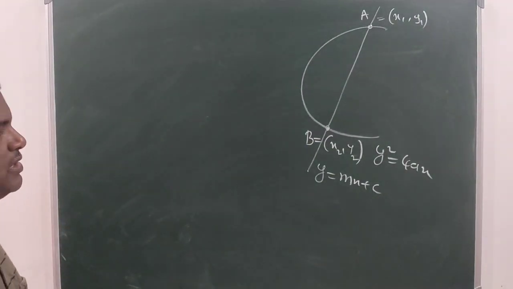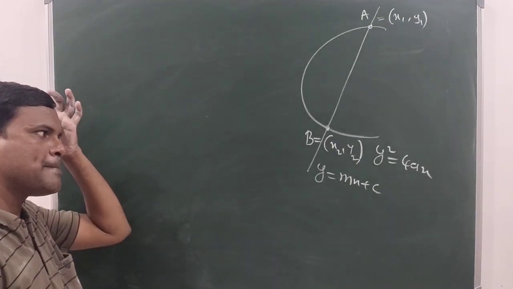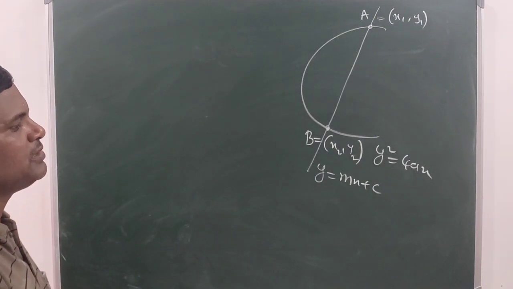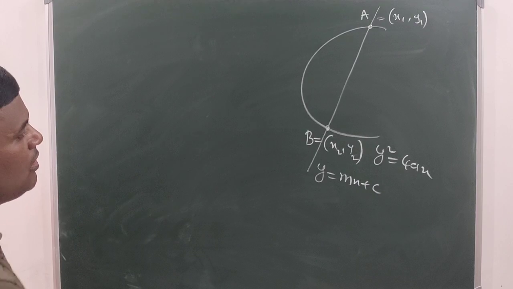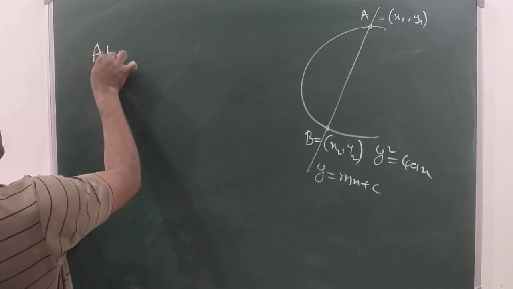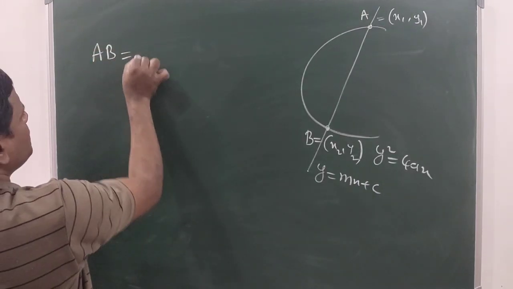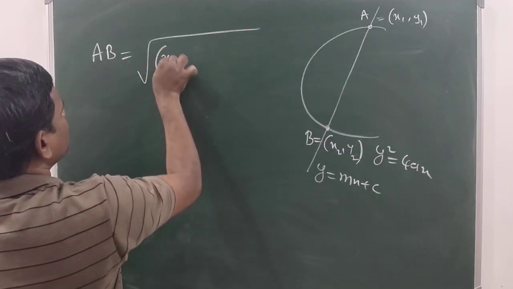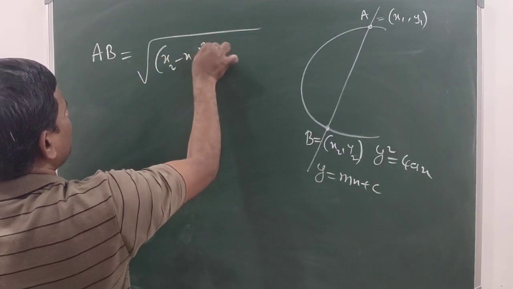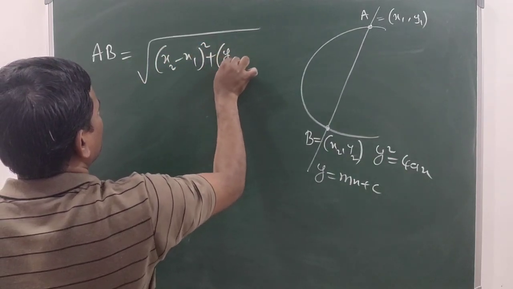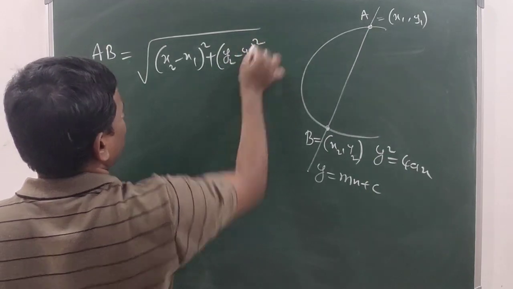How do you do this? Tell me, students. So you know the distance from A to B is equal to the square root of (x2 minus x1) whole square plus (y2 minus y1) whole square.